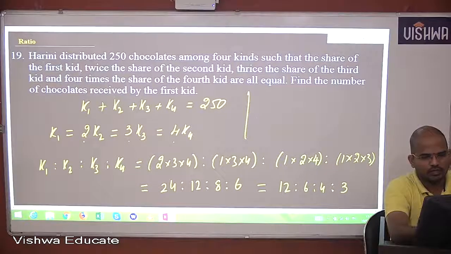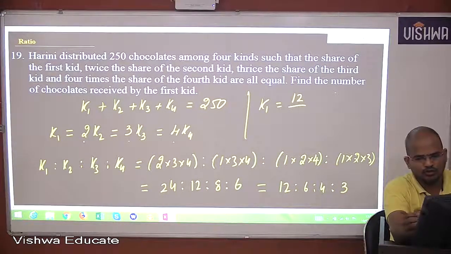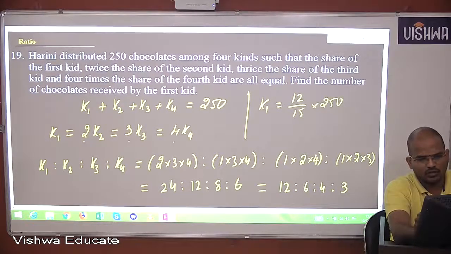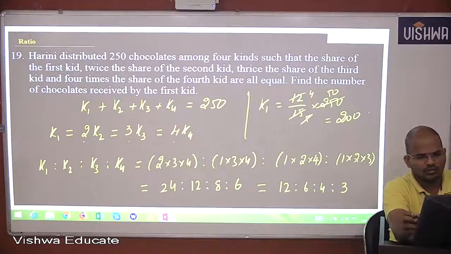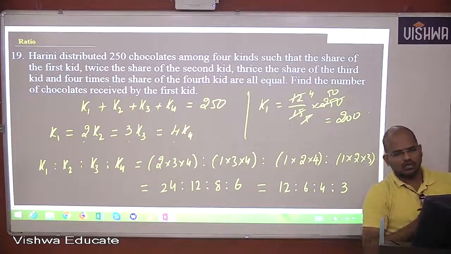So from this K1 gets 12 out of 6, 4, 10, 15, into 250. 3 5s, 3 4s, 5 50s. So K1 gets 200 chocolates.